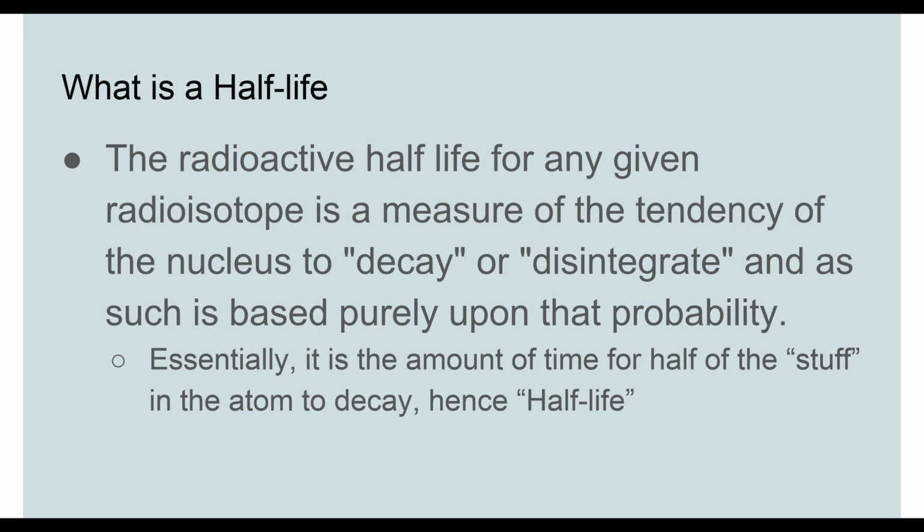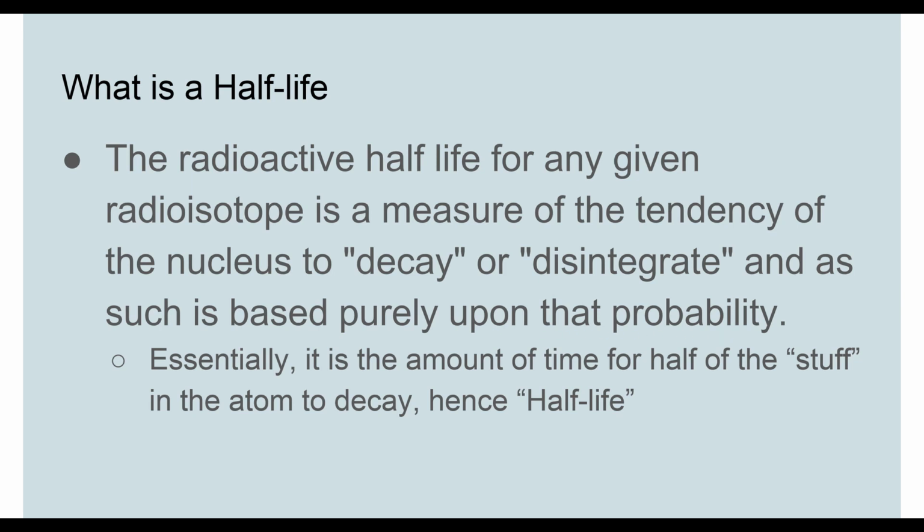So half-life is the radioactive half-life for any given radioisotope. It is a measure of the tendency of the nucleus to decay or disintegrate, and as such is based purely upon that probability.